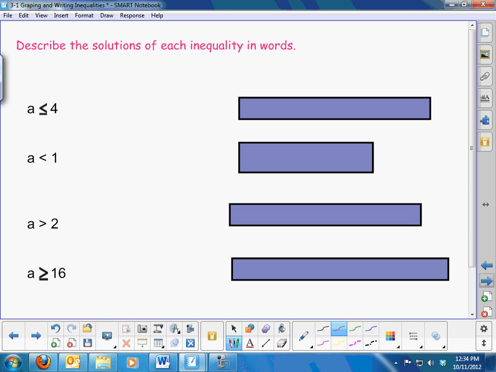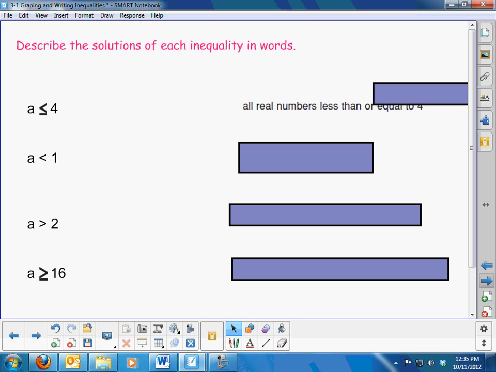All right, so if I gave you the following inequalities and asked you to describe the solution to each of these in words. If I read the first one, A is less than or equal to 4. So A can be any number that is less than or equal to 4 would make that true.